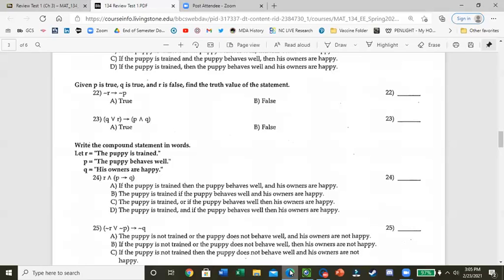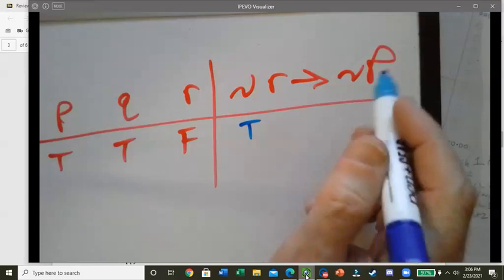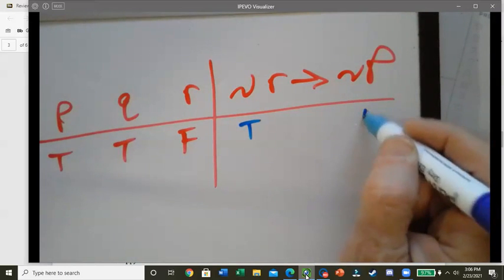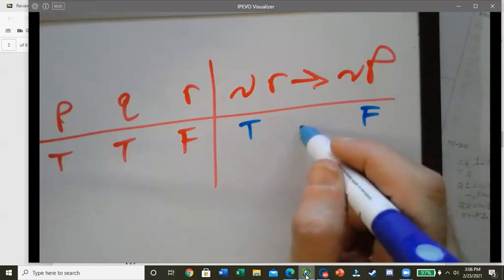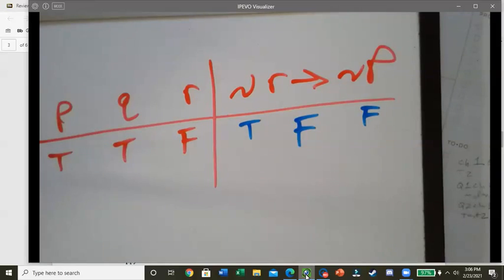So we're saying here, we'll start off with not, if not R, then not P. Okay, so since R is false, then not R is true. And P is true, so now not P is false. So if true, then false is false. That's the only one that's false for the conditional statements. And that's your answer, false.